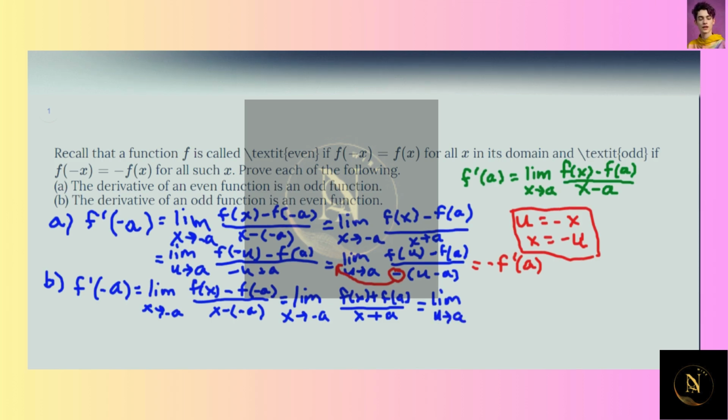So we're now approaching positive a. U approaches positive a of f evaluated at x. Well, x we substituted with negative u. So that goes there. Plus f of a divided by x plus a.